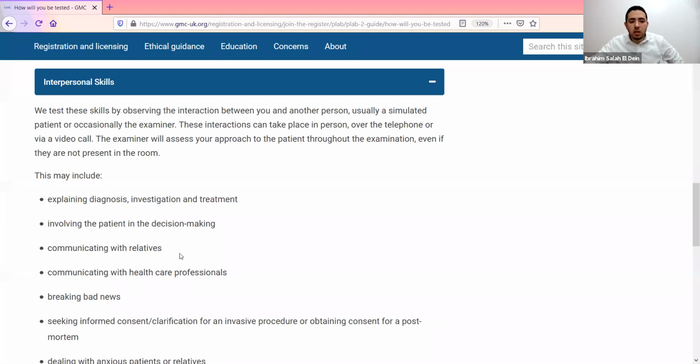Communicating with relatives, as we mentioned, in a lot of stations you will need to communicate with the wife, the mother, the father, or any relative. Communicating with healthcare professionals. In some stations you need to communicate with your colleague in a problem colleague station. You need to explain something to your colleague in a teaching station.